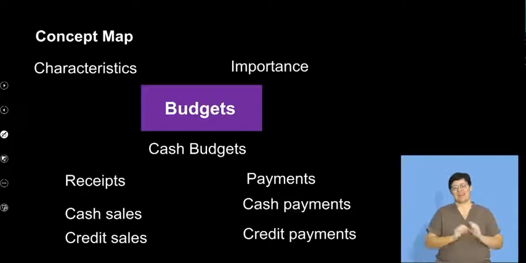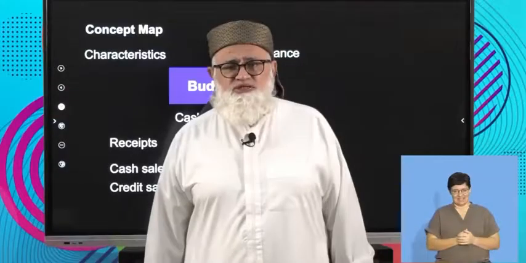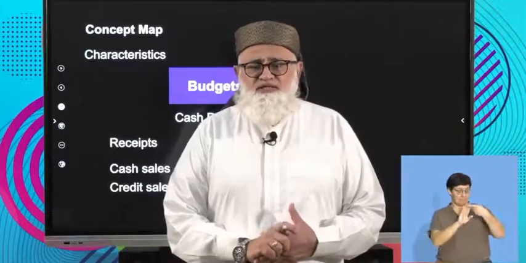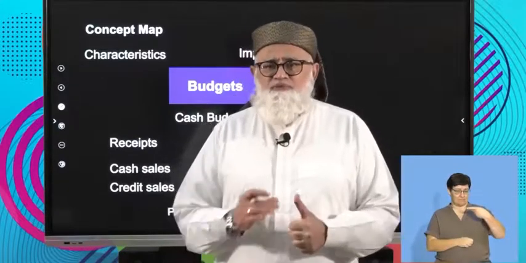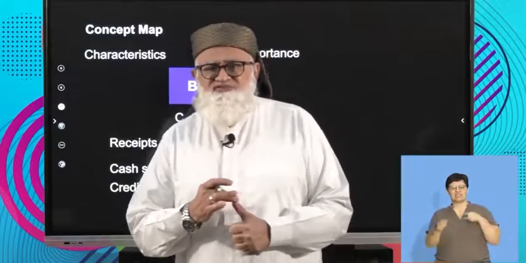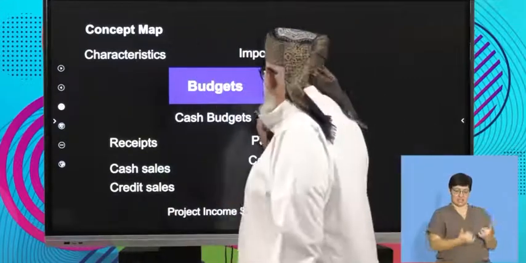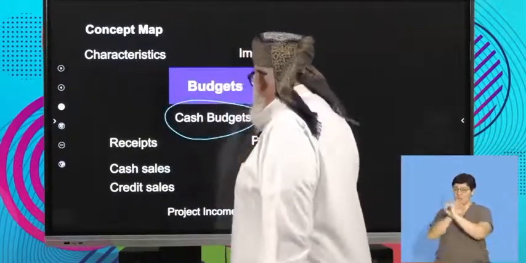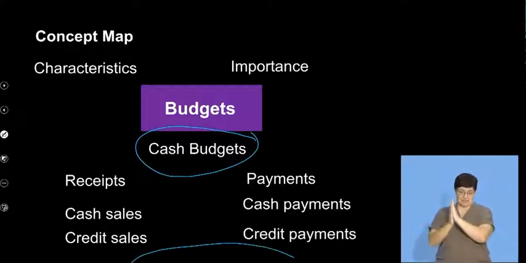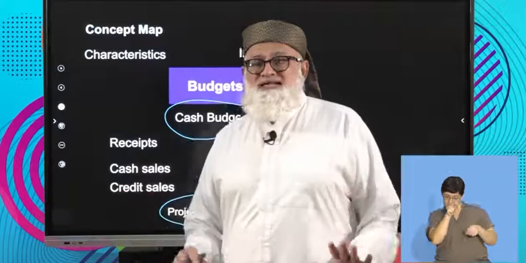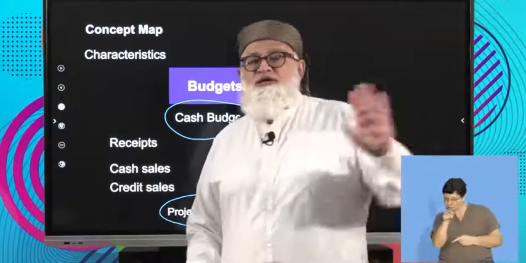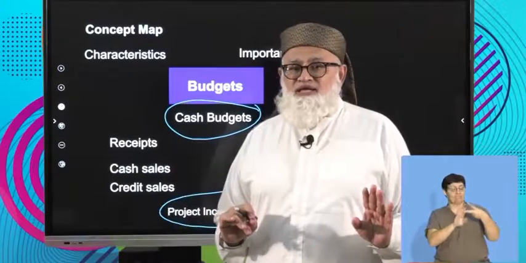Okay, that brings us to the end of our lesson today. Let us recap and summarize what we have done in today's lesson. Number one, we looked at the primary differences between your cash budget and your projected income statement. So we clearly saw what items would feature in your cash budget and what would go into your projected income statement.